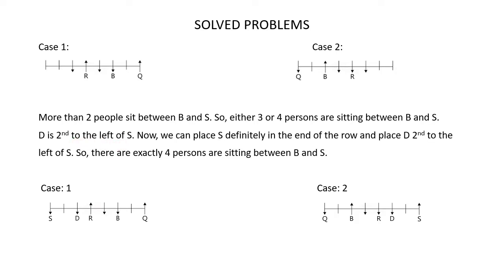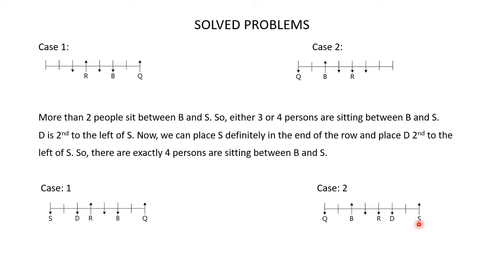Now D is second to the left of S. So supposing we consider this as the position of S, and S is facing north, then to the left of S will be this position, but this position is already occupied by R. And supposing S is facing south, then there won't be any position second to the left of S. So this is not the position for S. So the remaining position is only this for S. So let's place S in this position facing north.